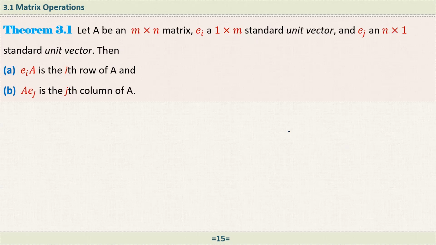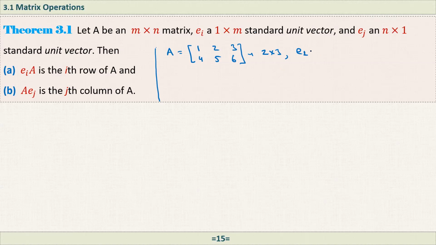What do we mean here? Before we continue to prove this, suppose we are given a matrix with entries 1, 2, 3, 4, 5, 6. As you see, this one is a 2 by 3 matrix. Let's say we have these unit vectors, E sub 1. E sub 1 is a 1 by M standard unit vector, so it is a row vector.